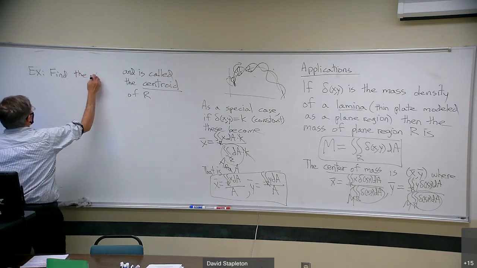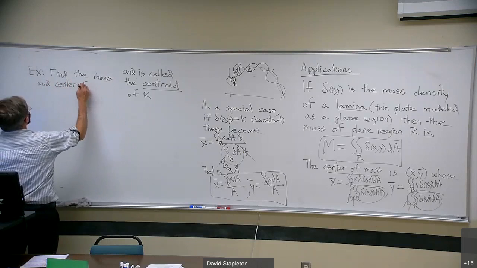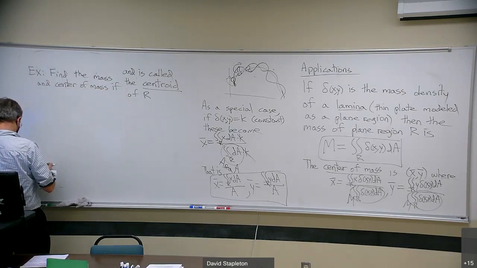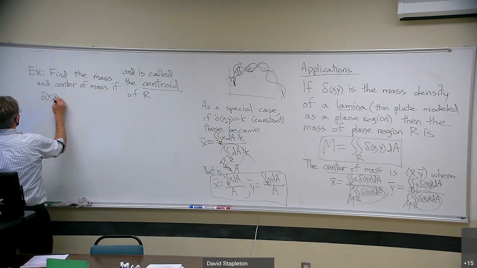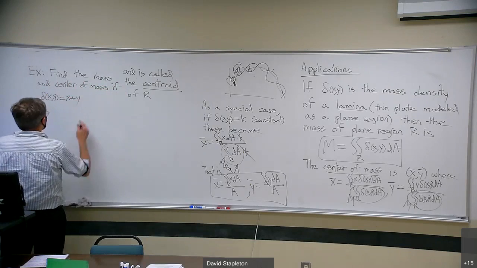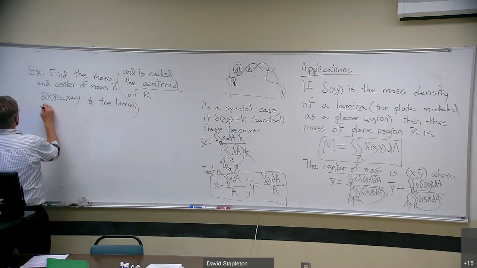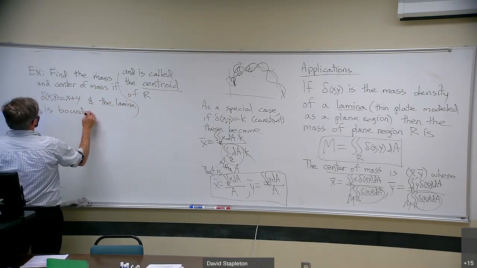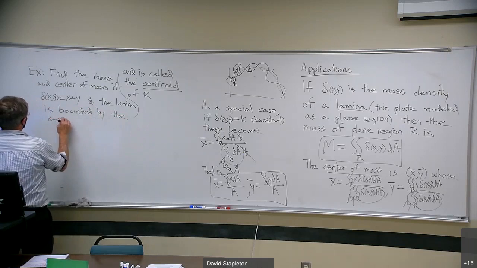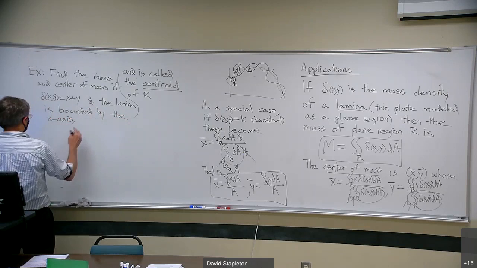Find the mass and center of mass. If you have the following region, the lamina's density is x plus y, and your lamina, plane region, is bounded by the x-axis, x equals 1, and y equals square root of x.